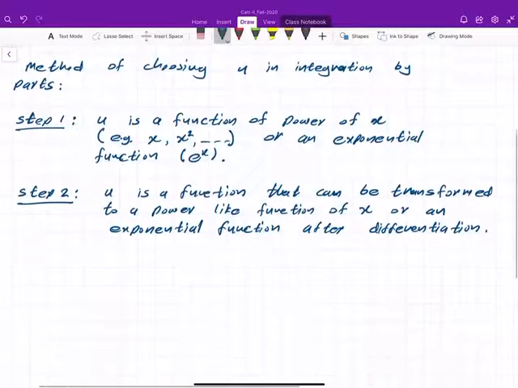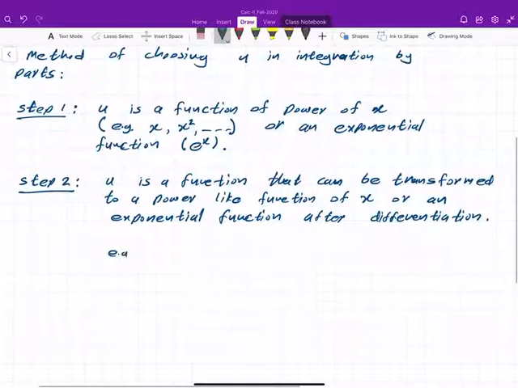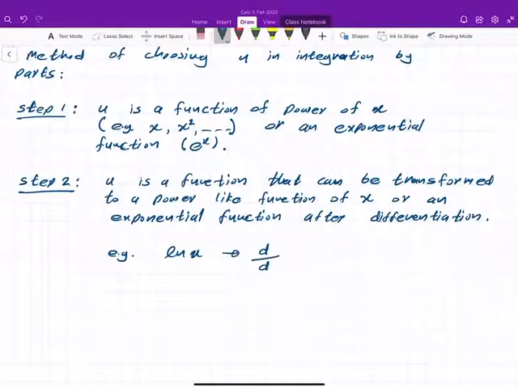If I would like to give you examples, the first example would be ln x. Let's consider ln x. The derivative of ln x is 1 over x, which is x to the power minus 1.